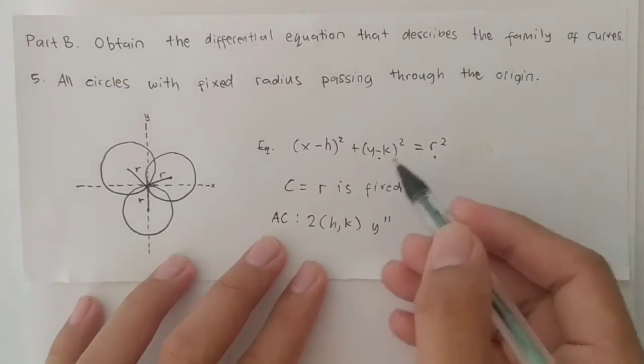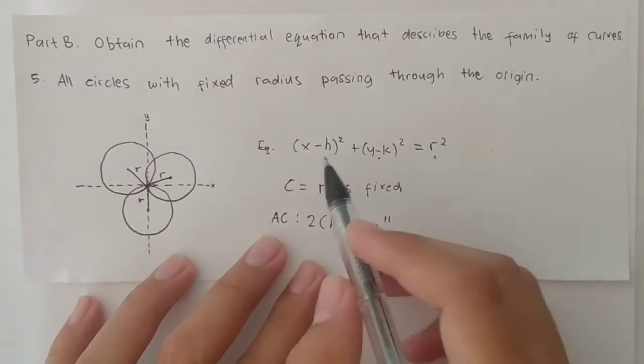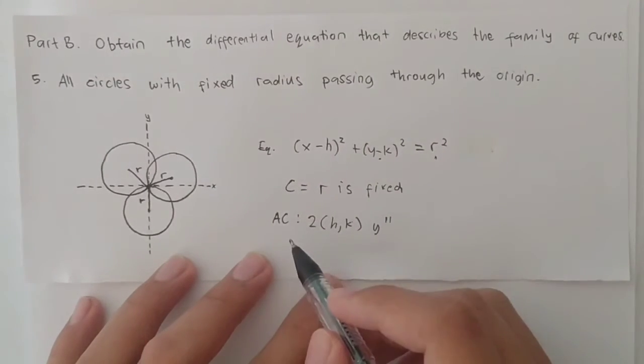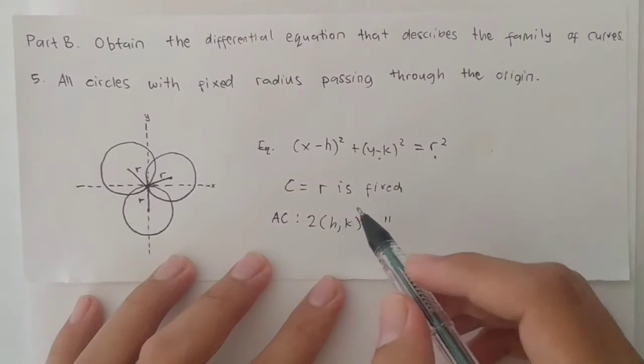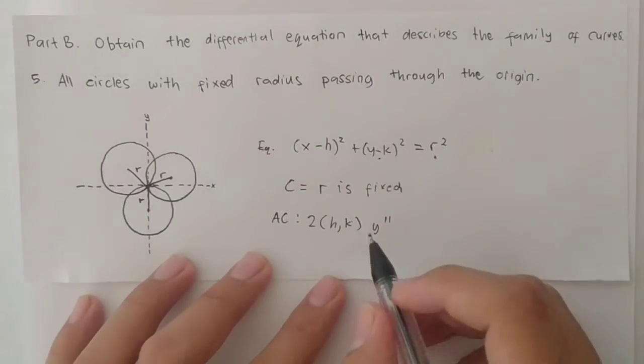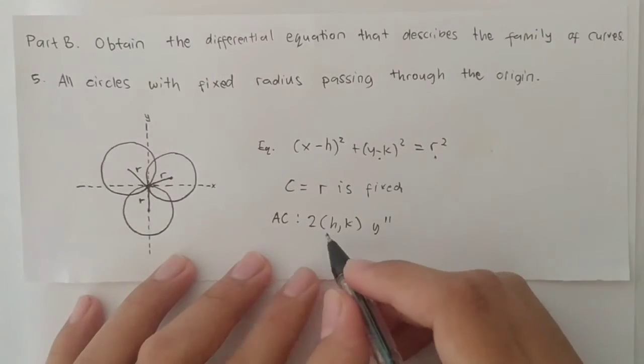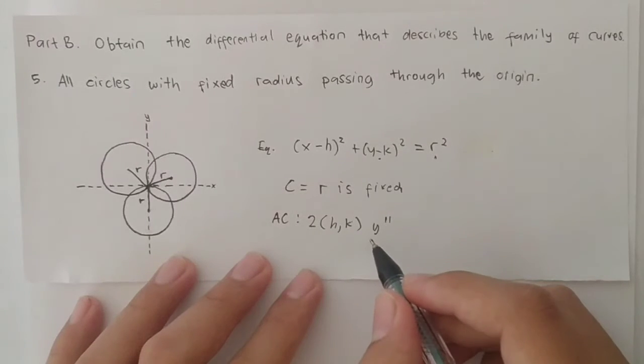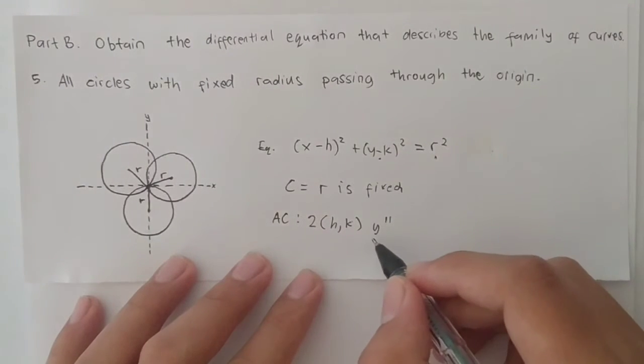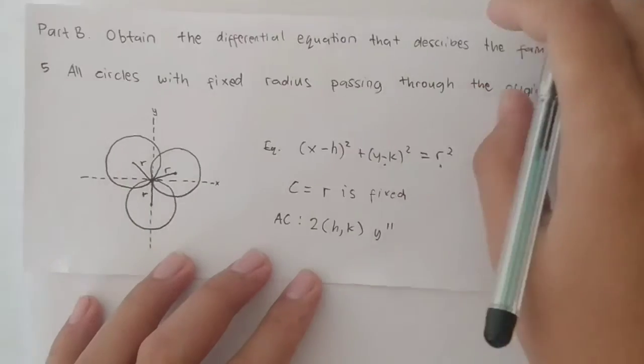Since r is fixed, nothing will change there, but the arbitrary constants will become h and k only. So we need to go up to the second derivative to find y double prime.